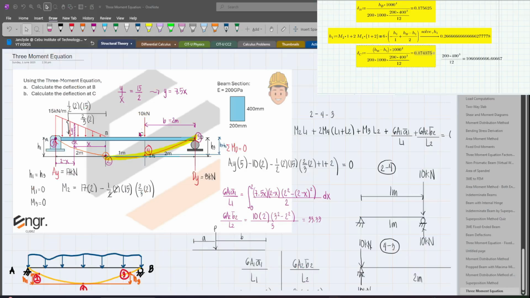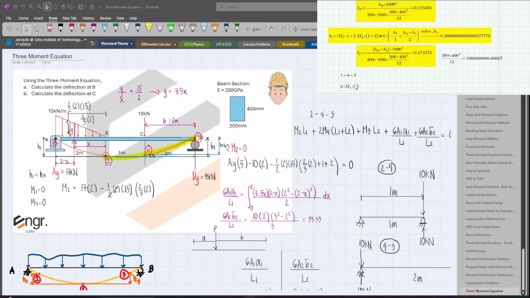let us consider points 1, 4, 3. So, lagay natin dyan. Now, the value of M1 is 0, saka 0.3 rin. Still equal to 0. So, we would have 2 times, our second point is M4.